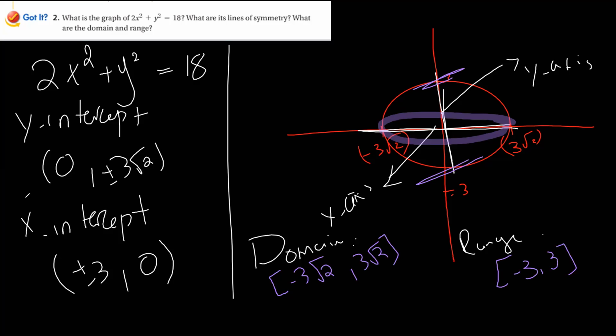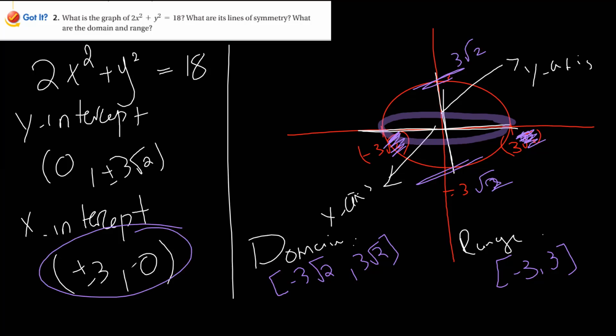Teacher? Yes? I think we did it wrong. The y values were supposed to be for the x. Yes, thank you. So here we have 3 and negative 3, and here we have 3 square root of 2 and negative 3 square root of 2, because here we have the x intercepts.